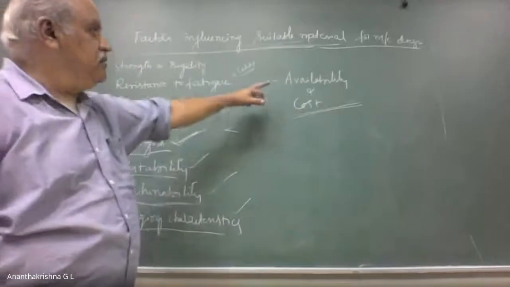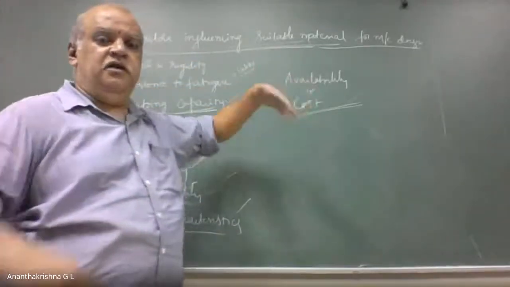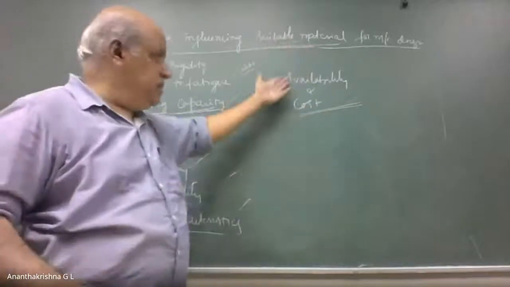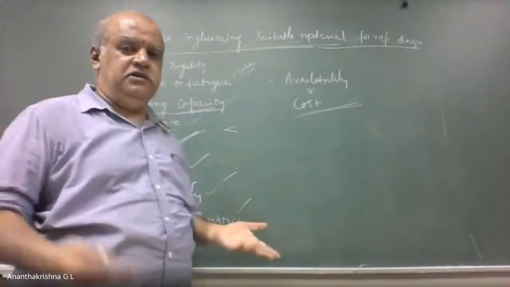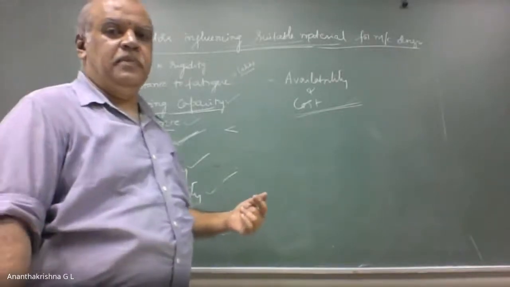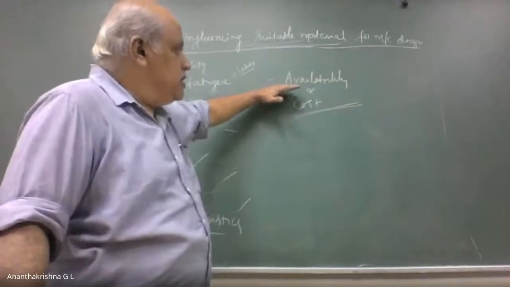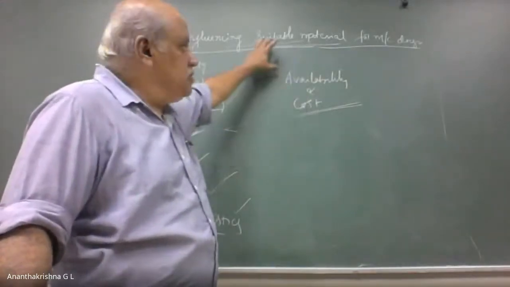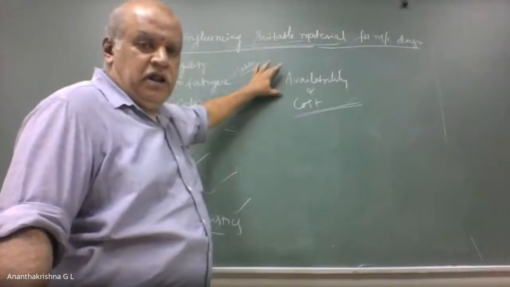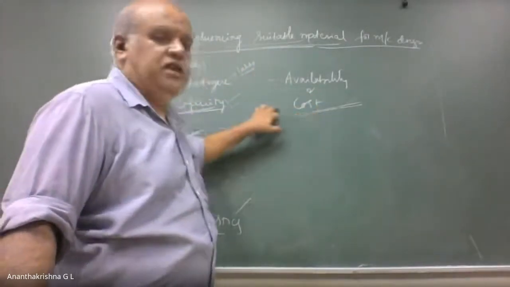The material that we choose for our design should be available. You design a beautiful design, but finally the material is not available, which means your entire design is useless. Correct? Are you there with me? Yes, sir. Therefore, the material that we use during our design should be available, and also it should be cost effective.